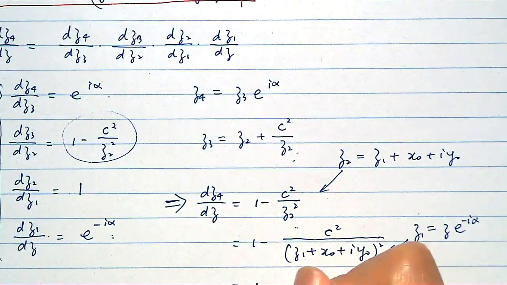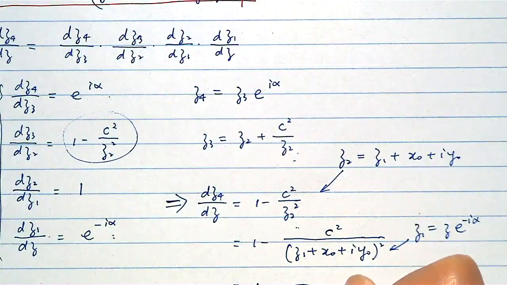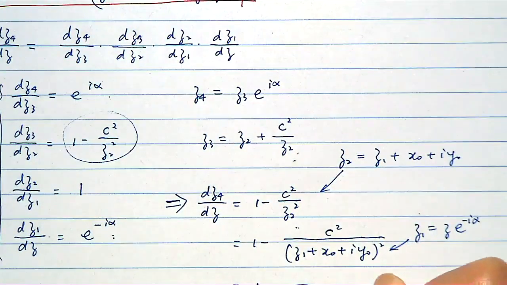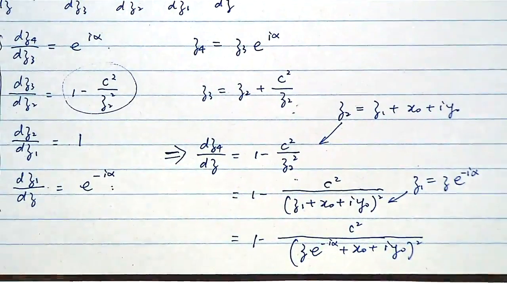We got 1 minus c squared over (z e^{-i alpha} plus x0 plus i y0) squared. Okay, all done. Oh, sorry. Any questions about that? No? Okay. So just another 3 marks.